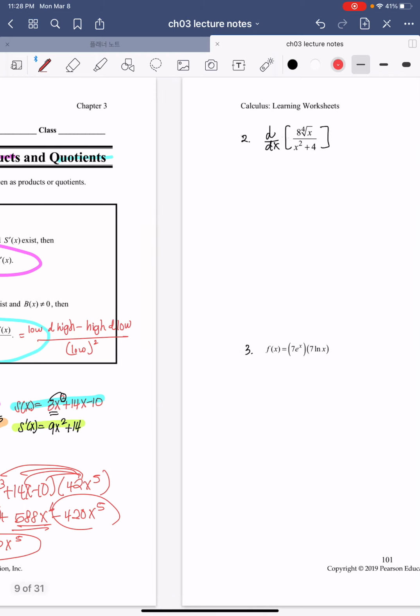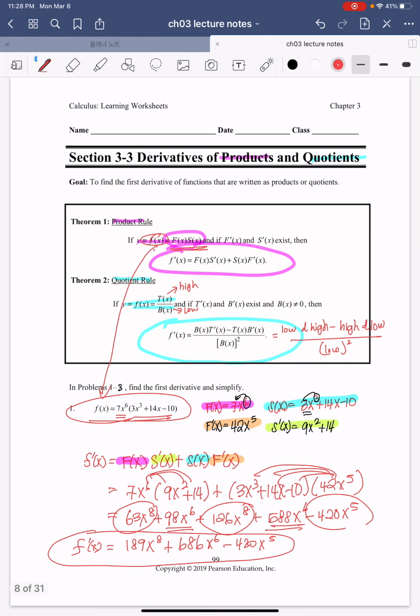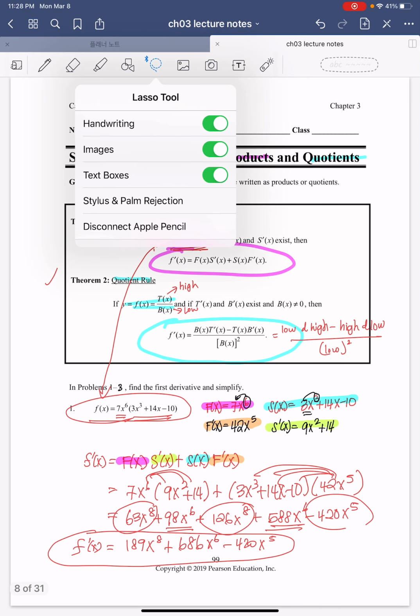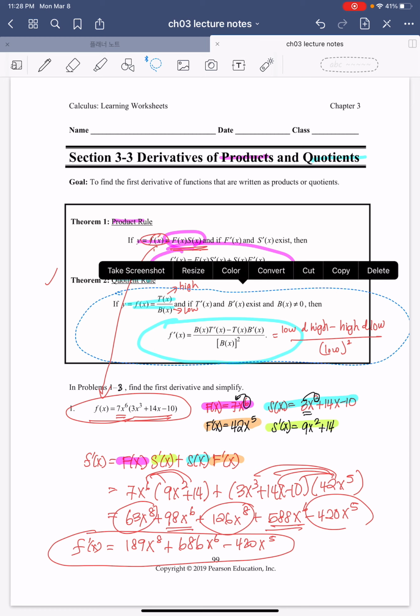Let's take a look at our second one. Now, second one, it's obvious. You have a fraction, you have a quotient, so I'll be applying theorem number 2, the quotient rule. I'm going to copy and paste this one so that it's on the same page.